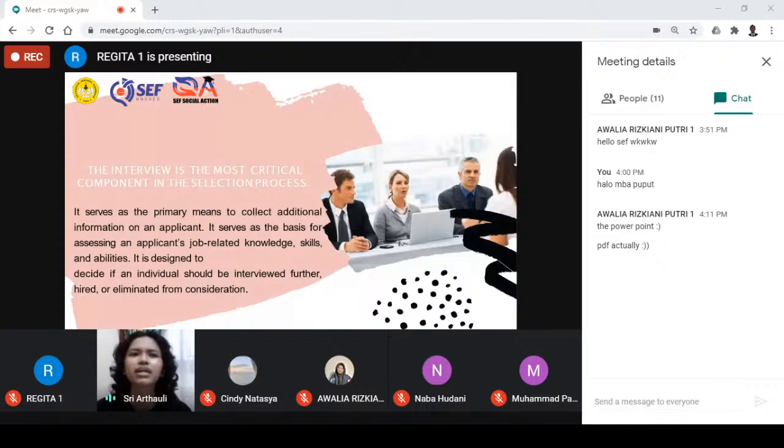Jadi dari jawaban-jawaban yang teman-teman berikan selama proses interview, si pewawancara bakalan tahu nih kalau si pelamar ini cocok nggak sih untuk diterima di perusahaan mereka. Mungkin itu dilihat dari skill teman-teman, atau dilihat dari ilmu pengetahuan yang teman-teman miliki, ataupun dari pengalaman, experience yang teman-teman sudah lewati.